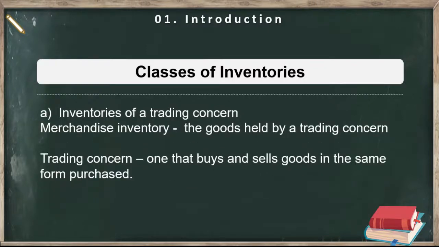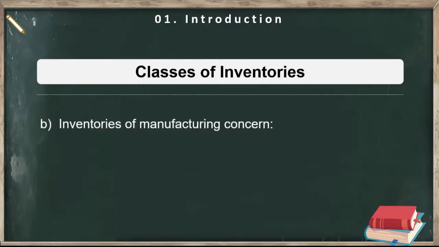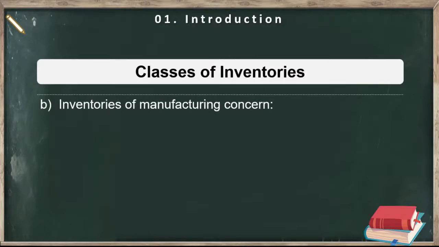So this will be recorded as a merchandise inventory or simply inventory account for goods that are held by a trading concern. So if the business is a trading concern, the account title that you will use is merchandise inventory, or you can just shorten it as inventory.